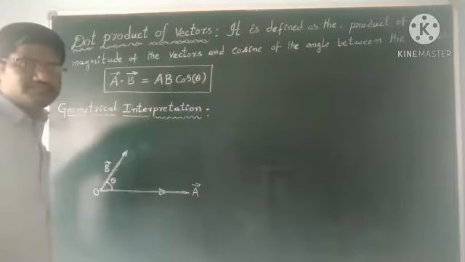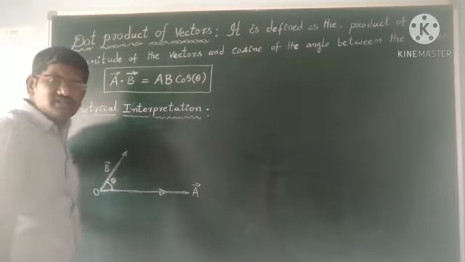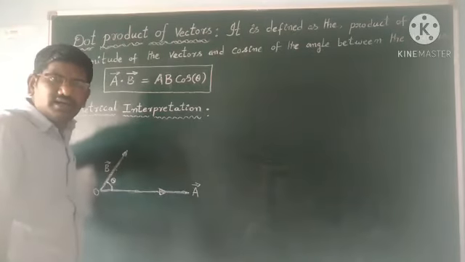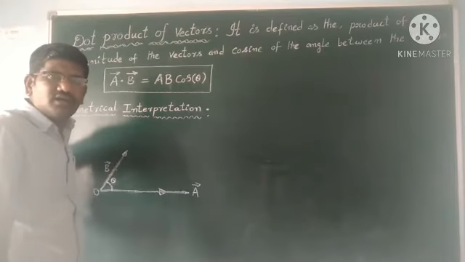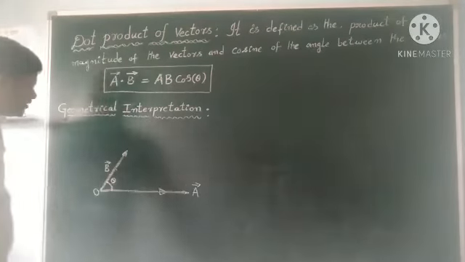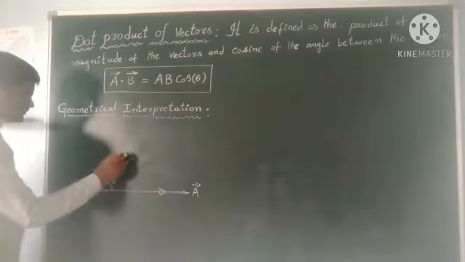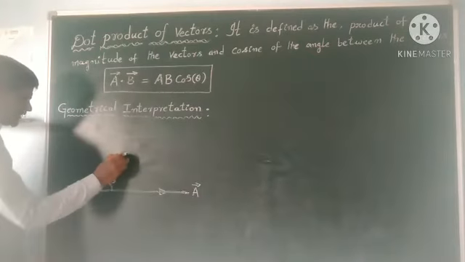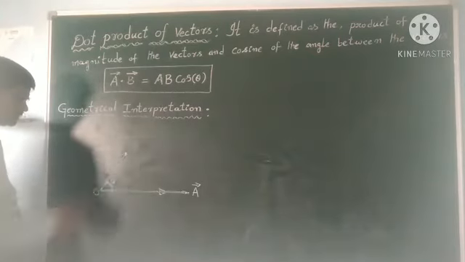Now see, we can discuss some of the important points related to the dot product and its geometrical interpretation also. Now, see students, B bar is a vector we know.